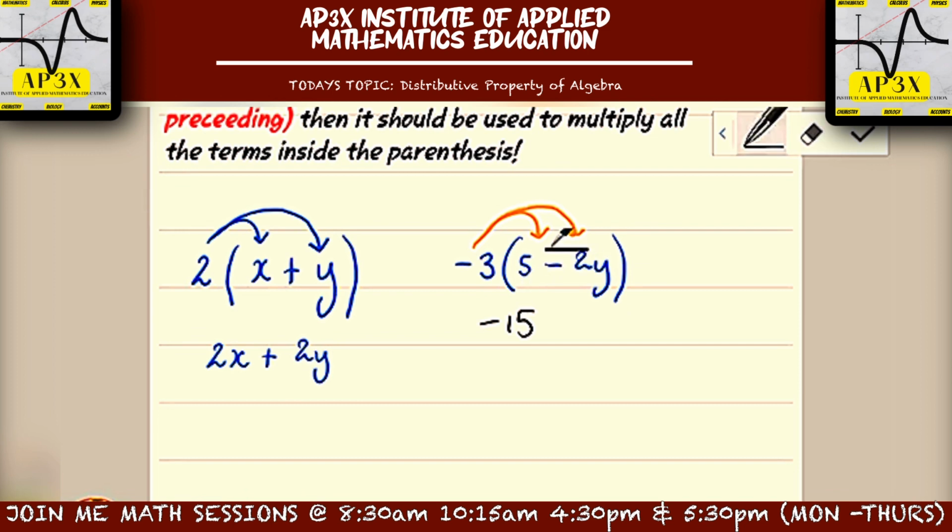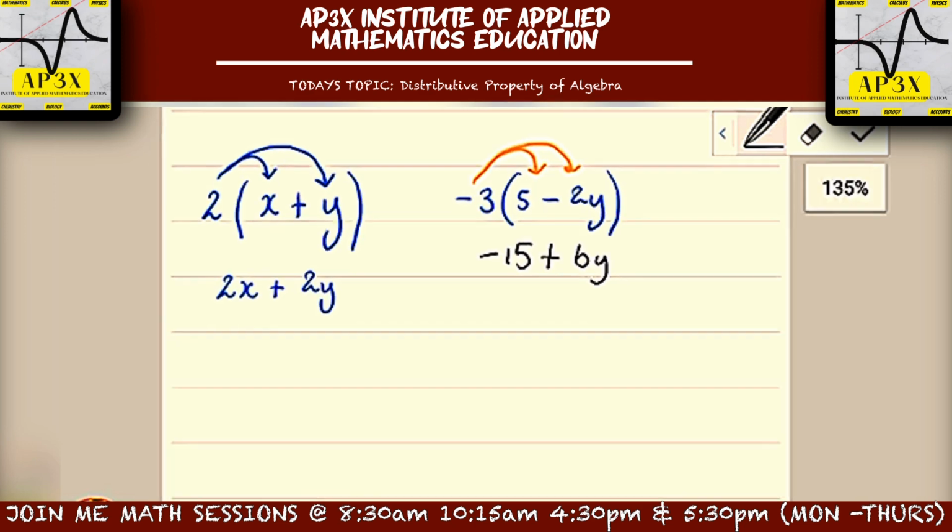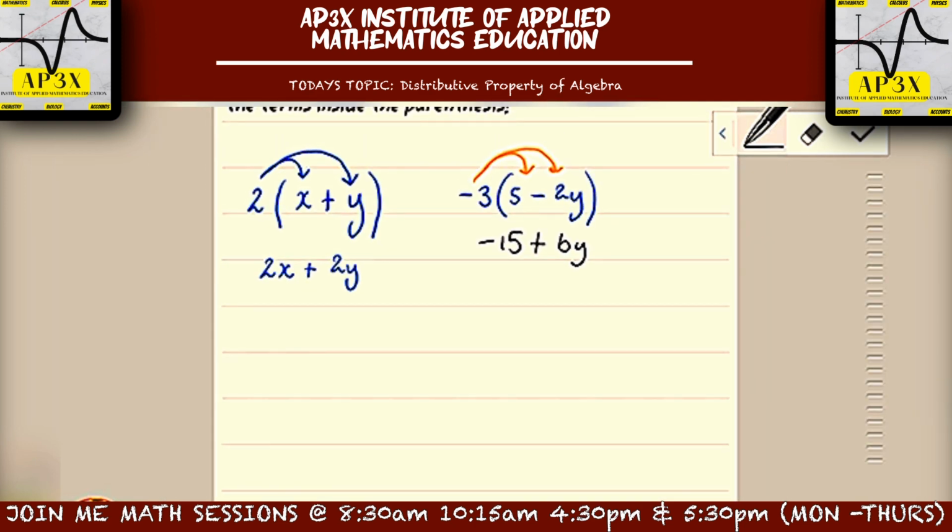So not all the time does the sign that is here come down. Sometimes, well, most times, the sign outside affects the sign inside. So therefore we end up with negative 3 multiplied by negative 2 gives us positive 6y. Okay, very simple. So that is the essence behind the distributive law.